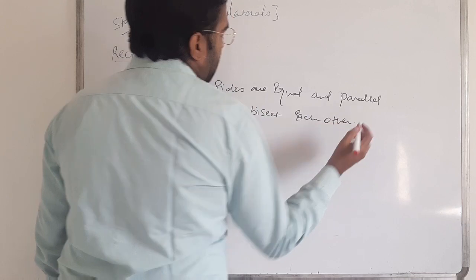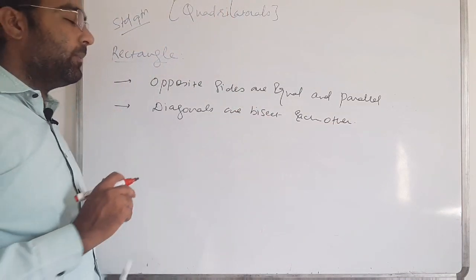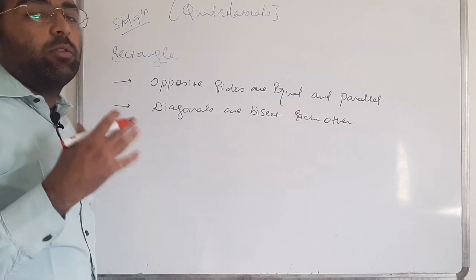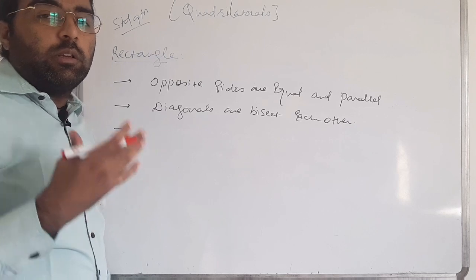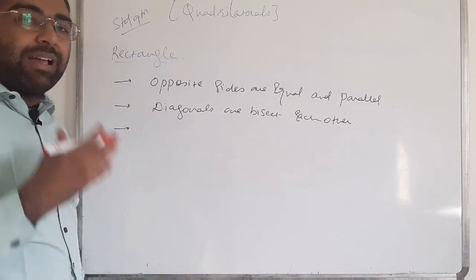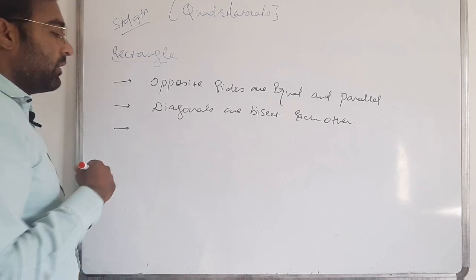That means diagonals divide each other into two equal halves. Bisect means two equal halves, which I already told you in chapter 7 and chapter 11, where we learned the meaning of bisect, median, perpendicular and altitude.